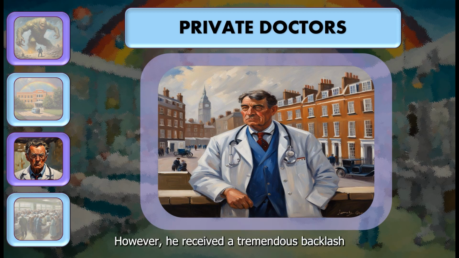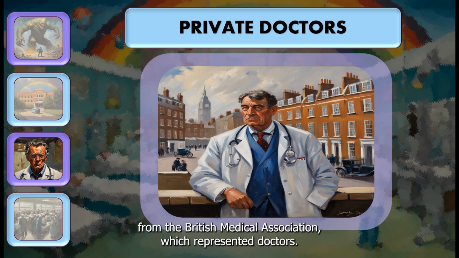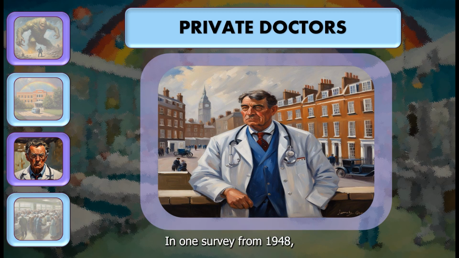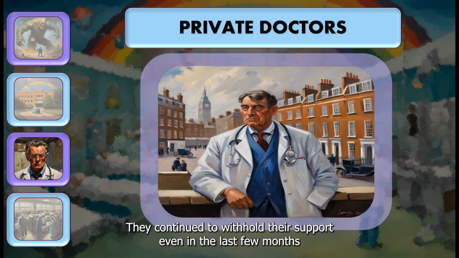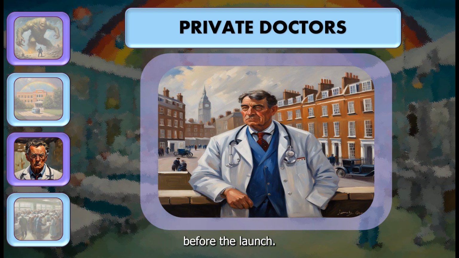However, he received a tremendous backlash from the British Medical Association, which represented doctors. In one survey from 1948, the BMA claimed that only 4,734 doctors out of the 45,148 polled were in favour of a national health service. They continued to withhold their support even in the last few months before the launch.